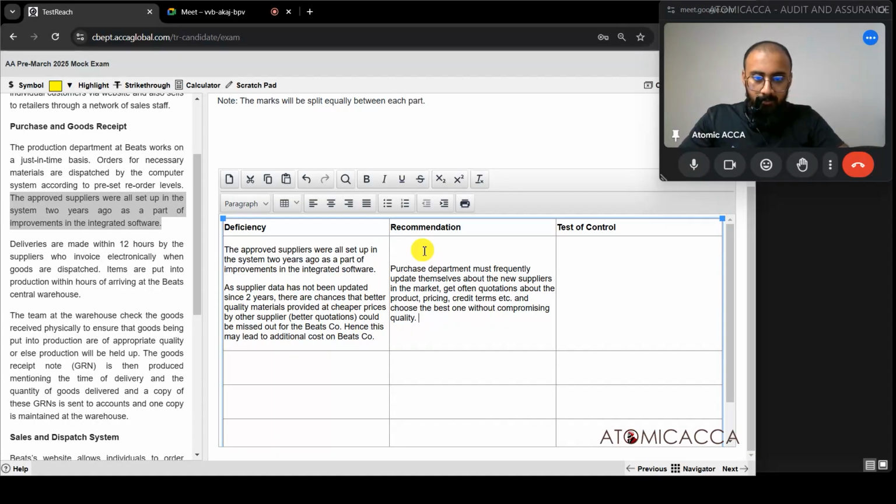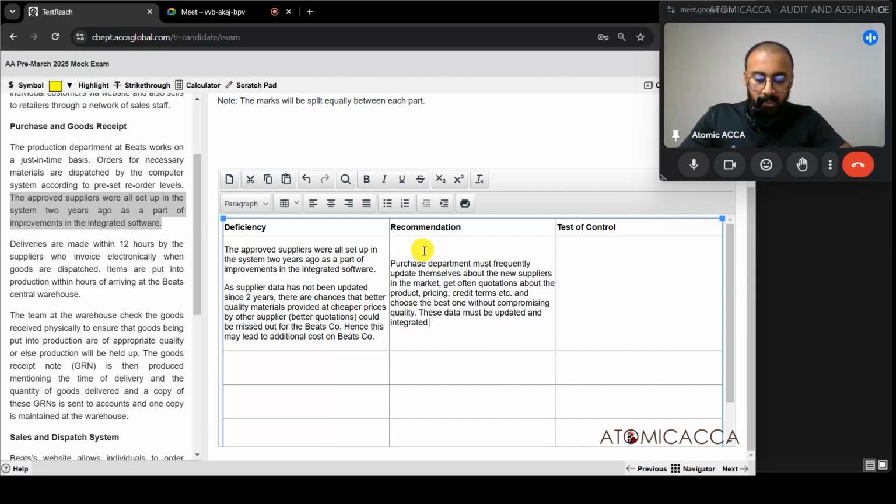These data must be updated and integrated within the software because it was computerized, right?